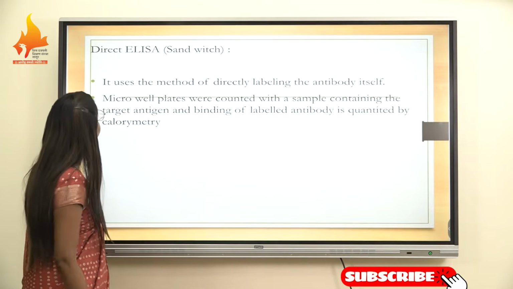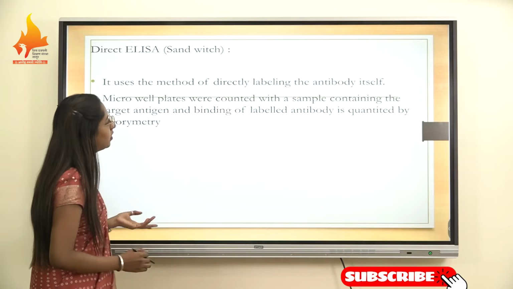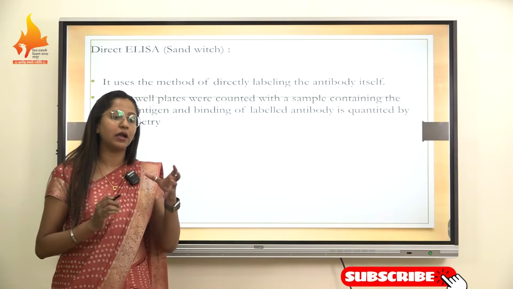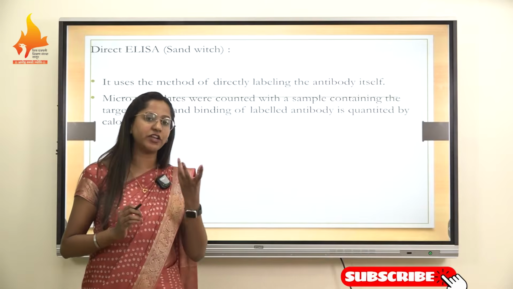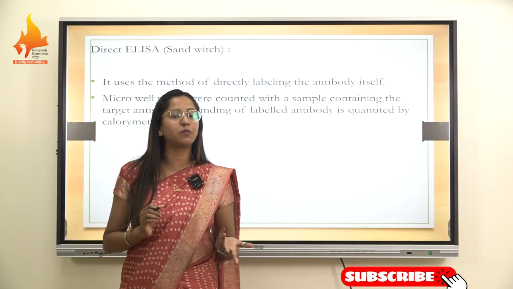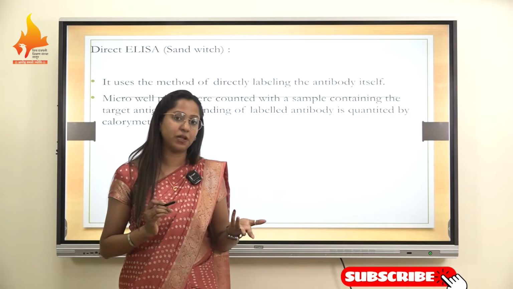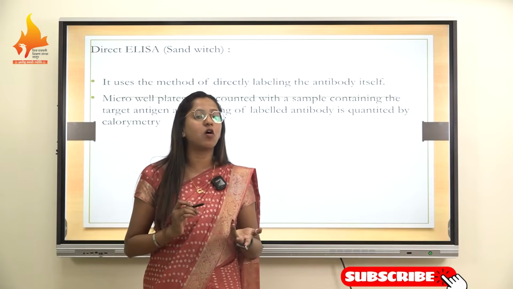As you can see here, direct ELISA means you are directly adding samples, and there is no long process, only a very small process, with the help of which you will be able to identify whether an antigen is present in the patient sample or not.